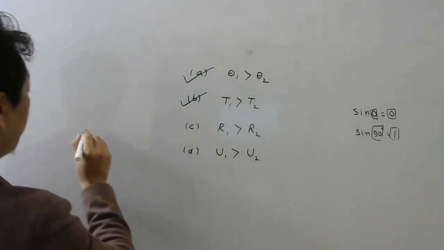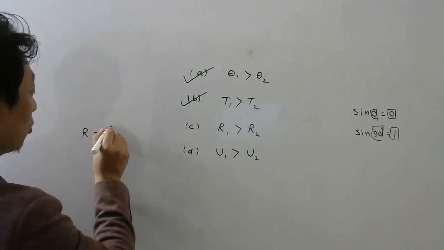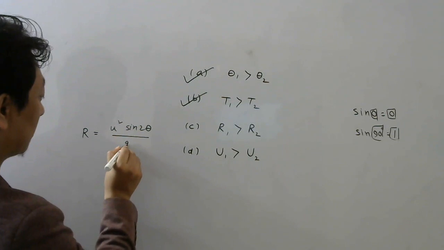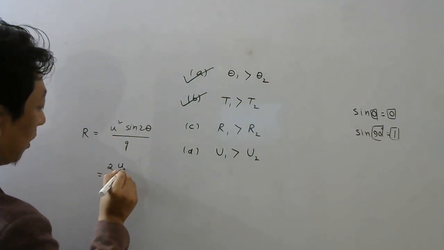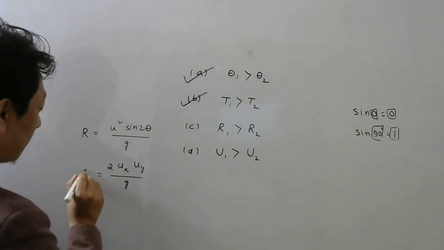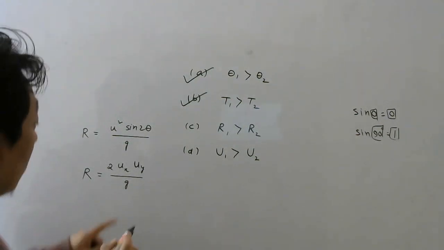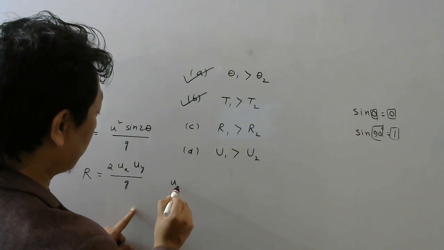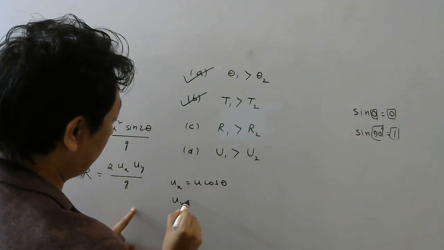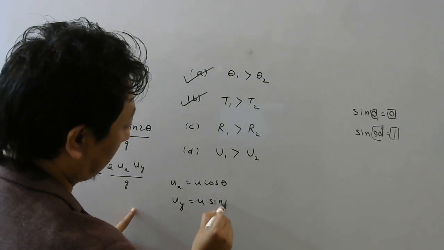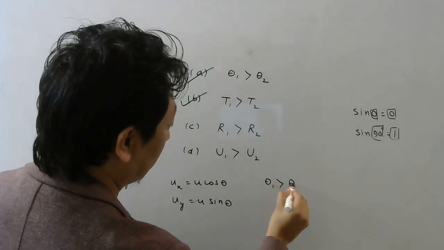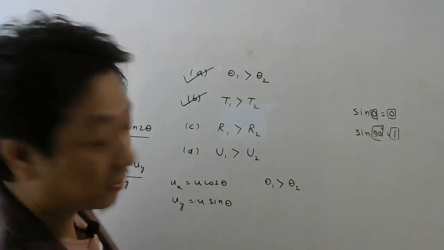Now the formula for range is r equals u square sine 2 theta by g, which you can write as 2ux uy divided by g. Right? So now you know that ux is u cos theta, uy is u sine theta. And you know first particle has more theta than the second particle, both are acute.